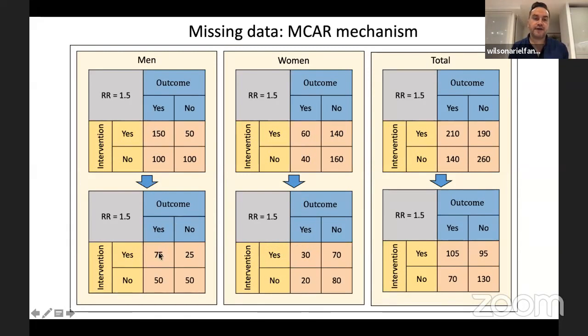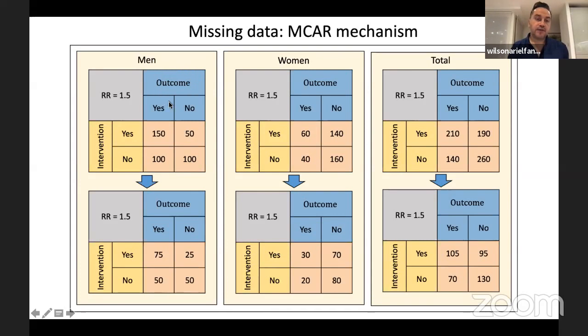So you will have a proportion of missing data. For example, 150 male patients started the trial, but unfortunately 50% withdrew from the trial. Same here, 50% withdrew from the trial, which is quite a lot. But what I would like to show you with this is missing completely at random, because it has nothing to do with the outcome.